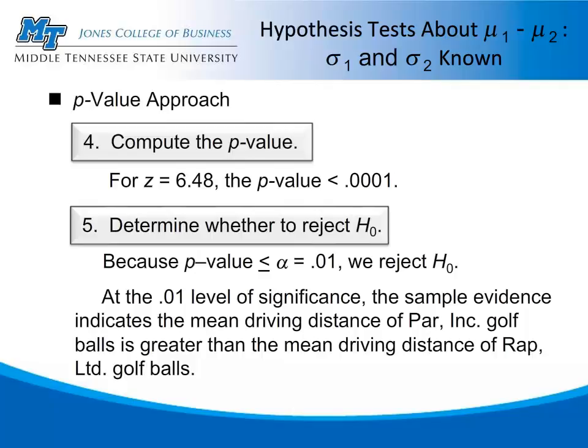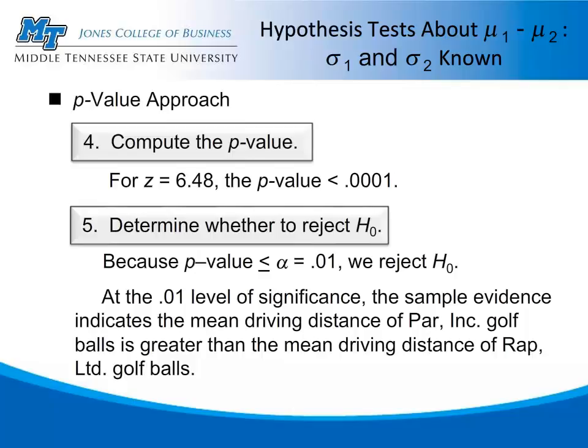So we know that the probability to the right of 6.48 is smaller than 0.0000022. It's certainly smaller than 0.0001. And that means it has to be smaller than 0.01, which is our level of significance. But it's just incredibly small. So we're going to reject the null.